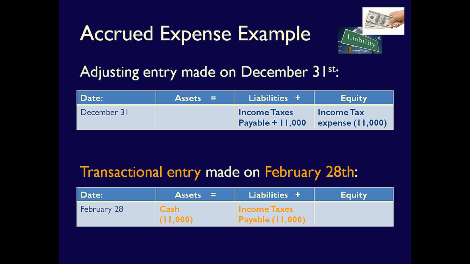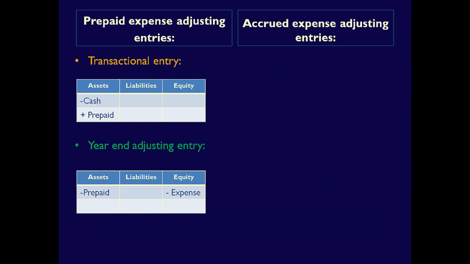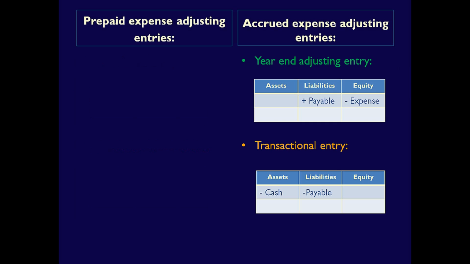Let's see that difference side by side. Prepaid expenses start as assets going in and out using a transactional entry, and they end with an adjusting entry recognizing an expense. Accrued expenses recognize an expense and a liability using an adjusting entry, and then have a transactional entry in the following year to get rid of the obligation and flow out the cash.